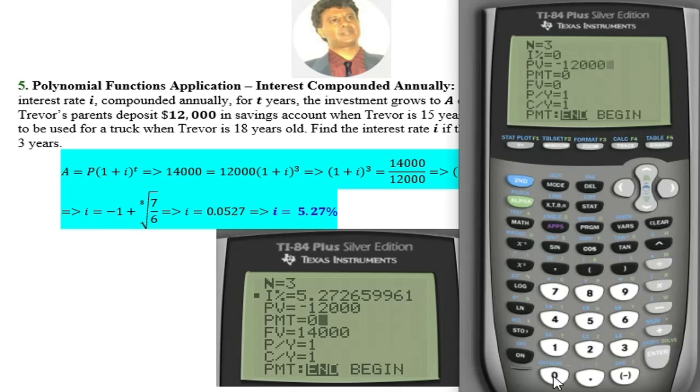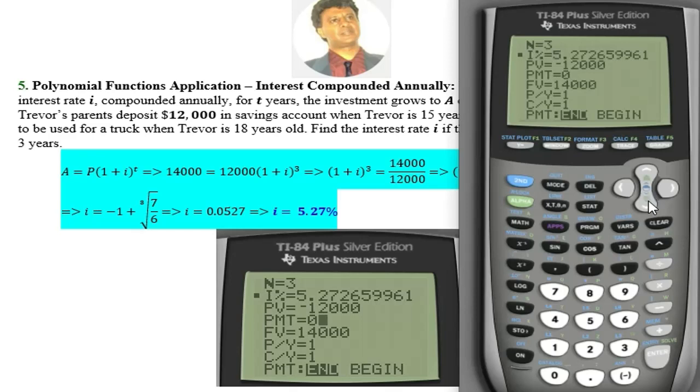We put negative because this is what you are depositing. PMT, we don't care, it is 0, it is for annuity. Future value is 14,000, that's what you will collect in 3 years. P over Y is 1, C over Y is 1. Then go to I and press alpha solve.